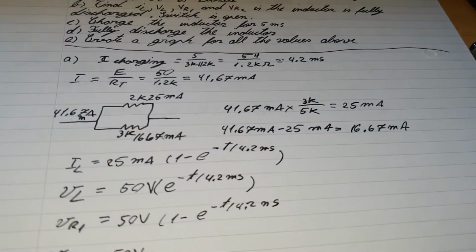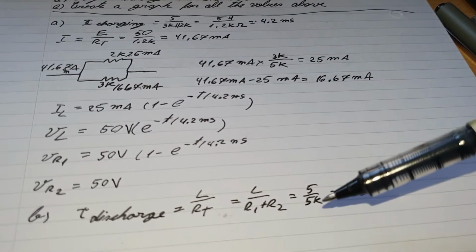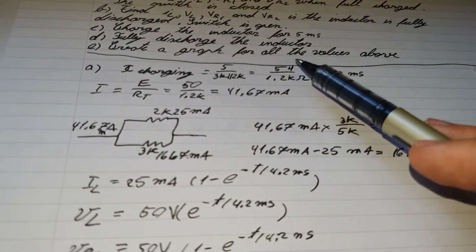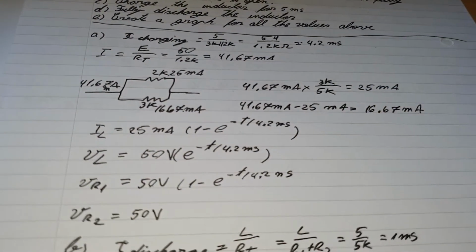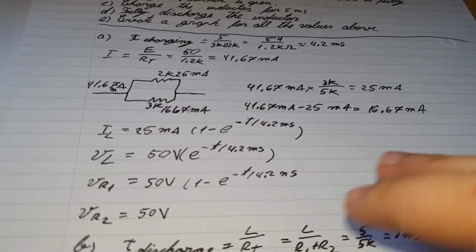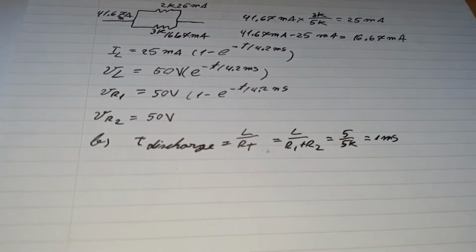So literally this almost discharges 5 times faster than charging. That's pretty interesting. And again, you can see how big of a difference it can make when you turn around one switch.